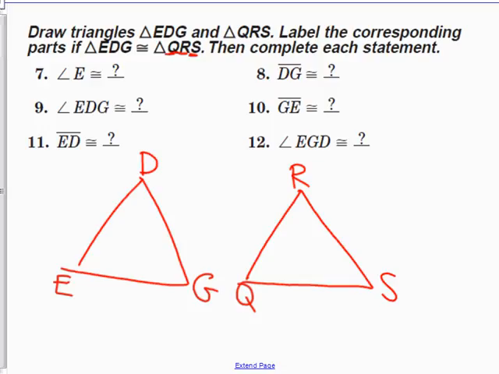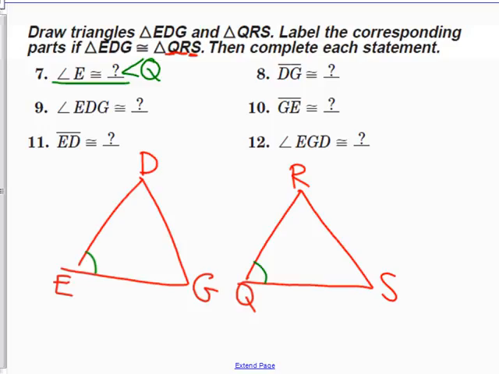Now I look at the directions up here. It says angle E is congruent to which angle? Angle E is down here. Which angle is it congruent to? It's congruent to angle Q. So the answer is angle Q. Angle EDG is congruent to which angle?